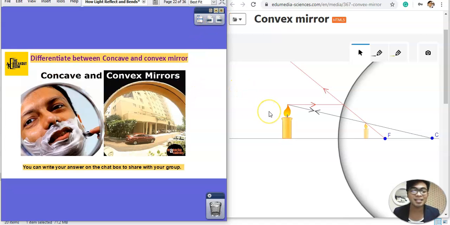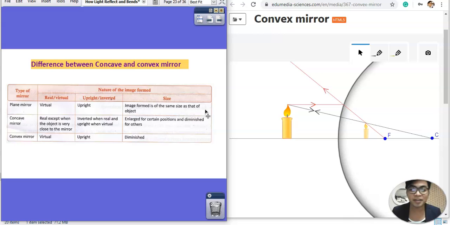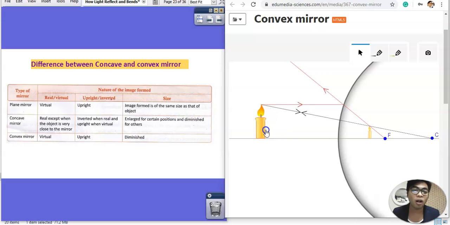So what is the difference now between concave and convex mirror? So I have it right over here. The concave mirror, based on the nature of the image that is formed, tends to be real, except when the object is very close to the mirror. Then it's found virtual, behind the mirror. However, for the convex mirror, just like this one, all images are virtual. It's found behind the mirror.